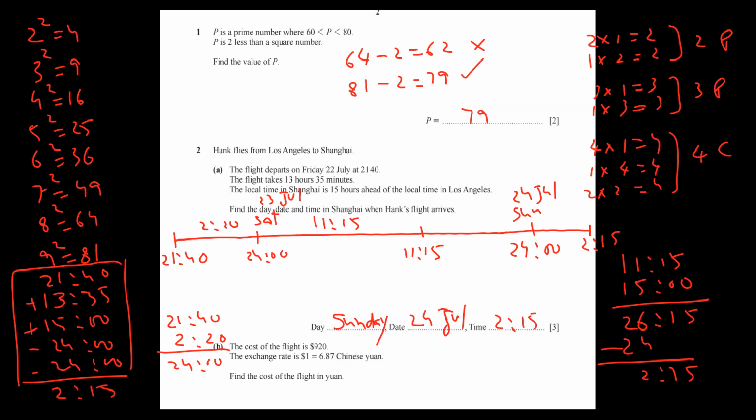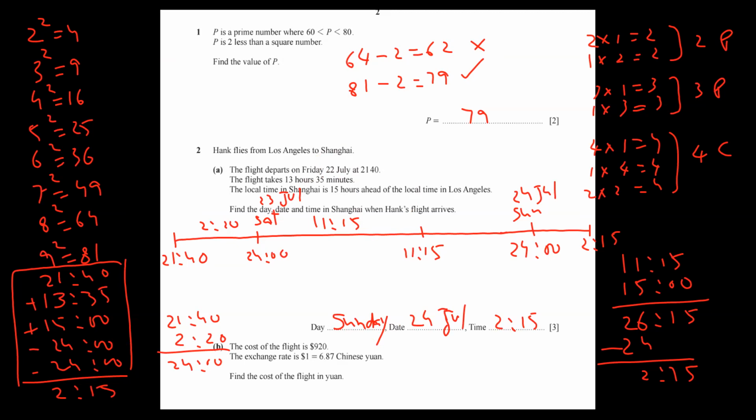This is way number two. But you must know that 24 hours means 2 days change, and Friday shifted 2 days: Friday, Saturday, and Sunday. So we have two methods to do this question.